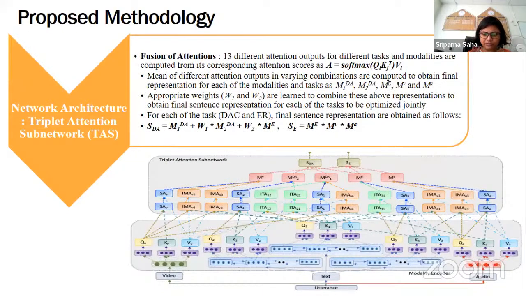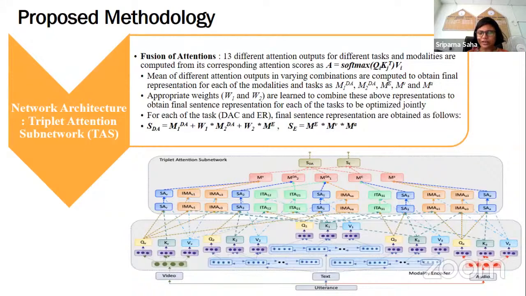And finally, it's a complicated model. Finally, we are getting a final representation for the dialogue act and a final representation for the emotion. These attentions are nothing but weights. We have three modalities, so you have to consider all these three feature vectors, and we put some weights on them and compute the weighted average of the feature vectors.